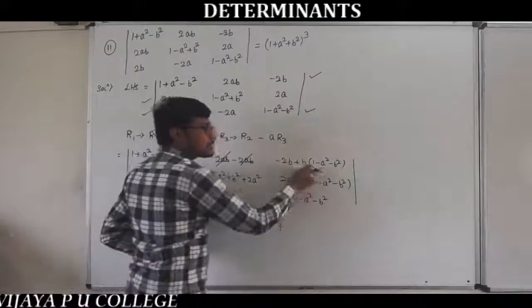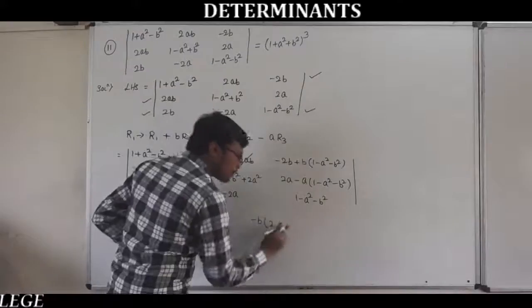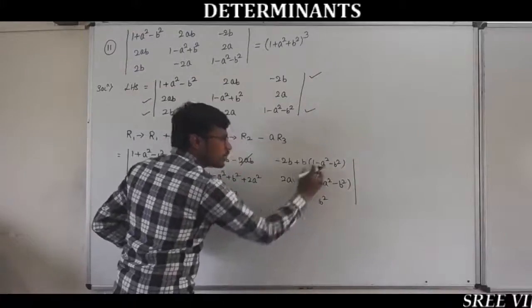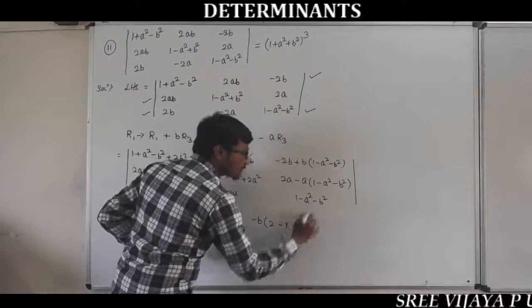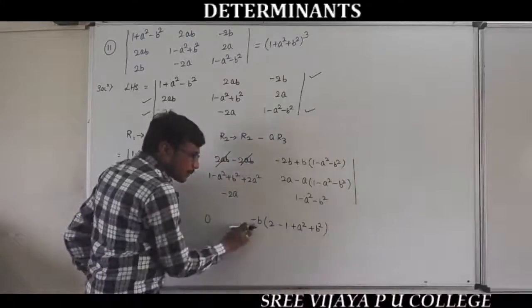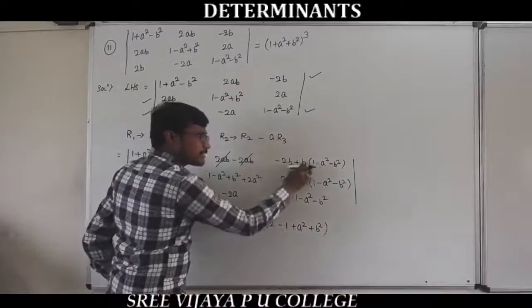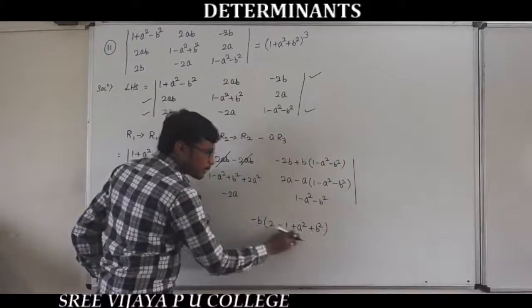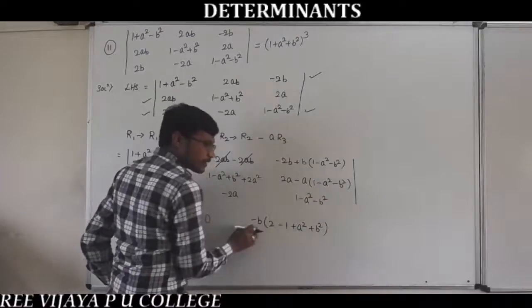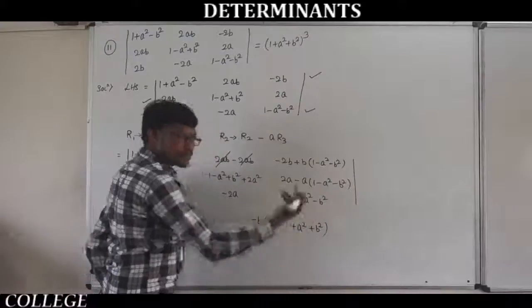Then all the terms here will change, because we have taken minus b as a common, right? Now plus 1 becomes minus 1, minus a square becomes plus a square, minus b square becomes plus b square. Otherwise, you can multiply once. Minus b into 2, minus 2b. Minus b into minus 1, that is b into 1, plus b. Minus b into minus a square, plus a square b. Minus b into minus b square, b cube, b into b square is b cube.